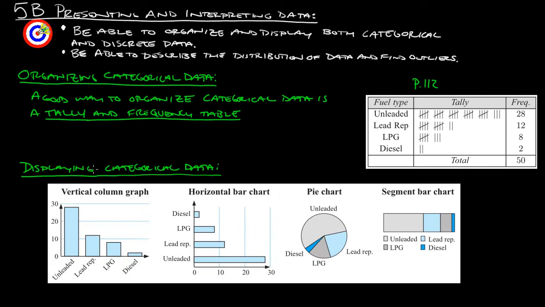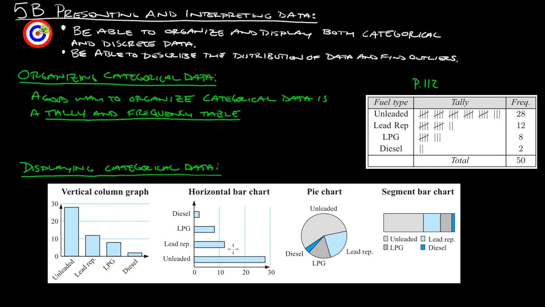Now a way of displaying the categorical data in some kind of chart or graph is these 4 things here. Again, all these graphs are made from this tally and frequency table up here. Here's a vertical column graph, usually known as a column graph.